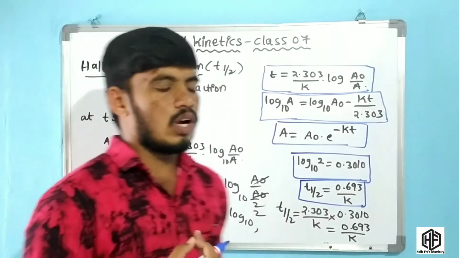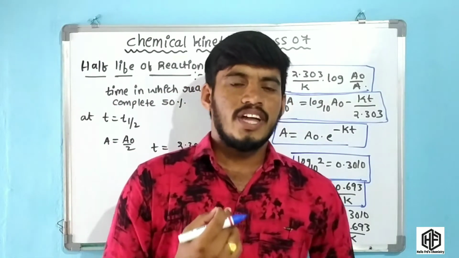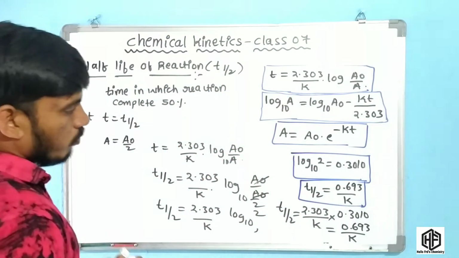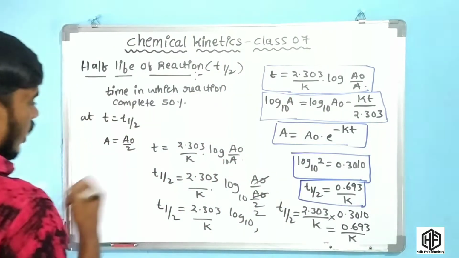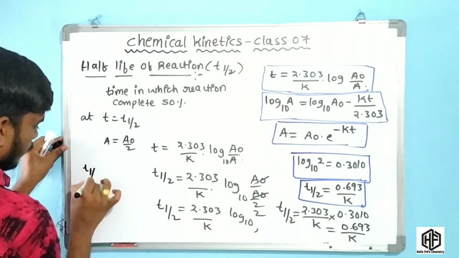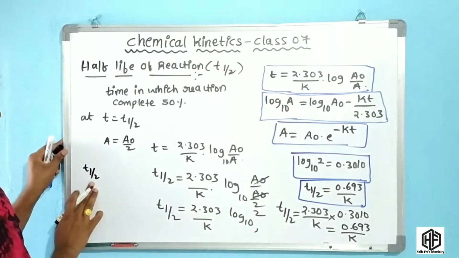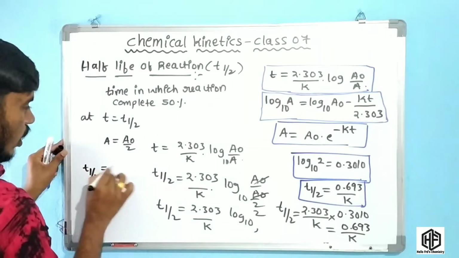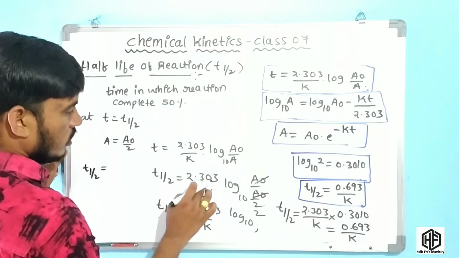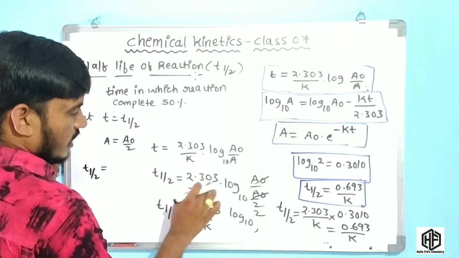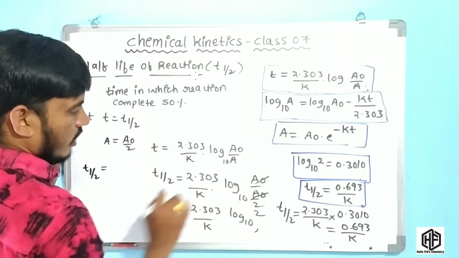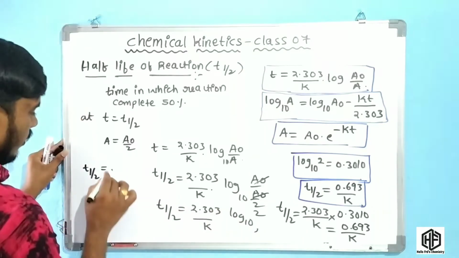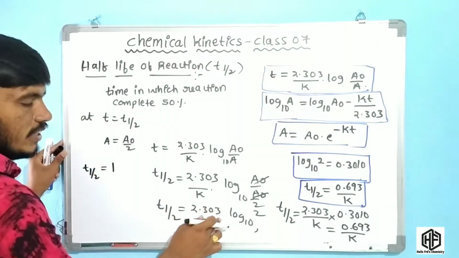Now one more important point. In radioactive decay, there is one more important formula for half life. The half life t½ of a first order reaction in radioactive decay is 2.303 log₁₀ 2 in terms of ln, that is ln 2/k.